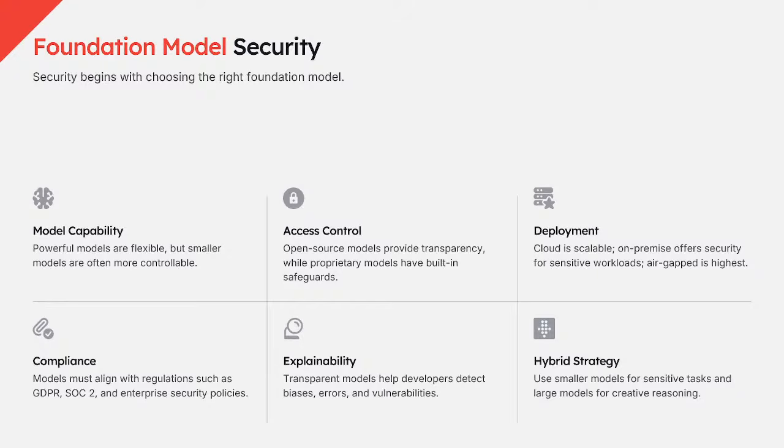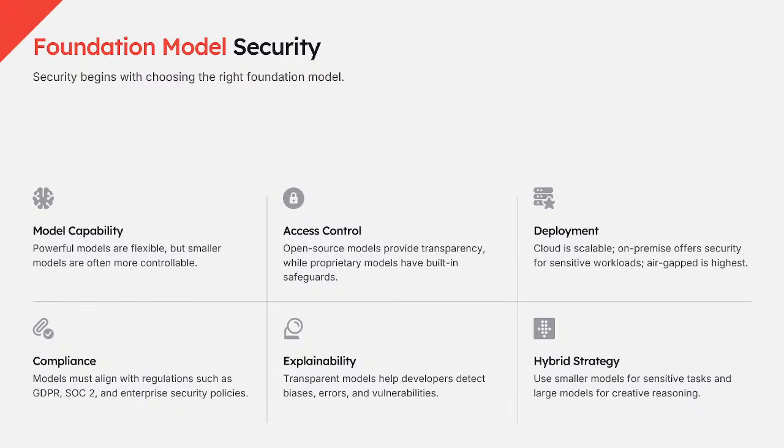Then we have compliance. Models must align with regulations such as GDPR, SOC, and enterprise security policies. So it's very, very important here that models comply with general compliance systems and principles of individual countries. Then explainability. So transparent models help developers detect biases, errors, and vulnerabilities.